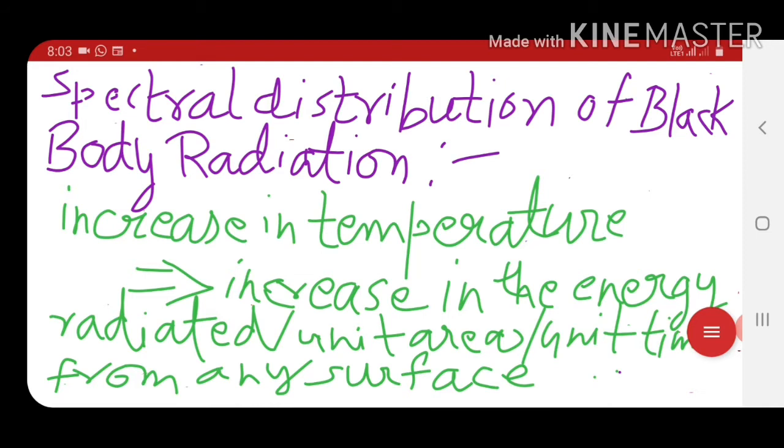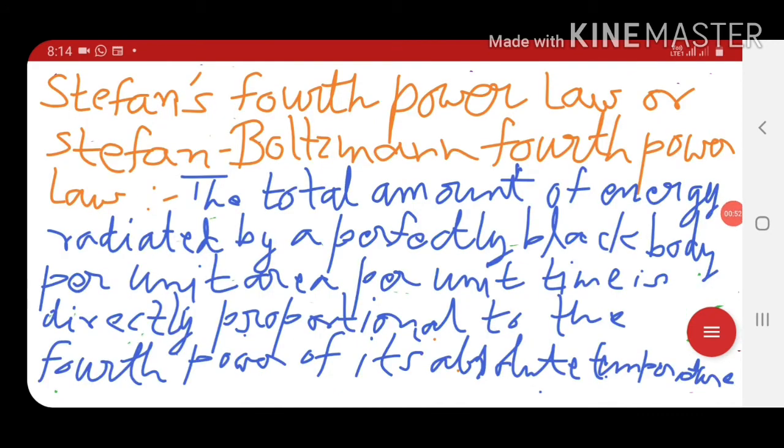Further, it is observed that at the same temperature, the rate of energy emission is much less for a bright metal like platinum than for a dull black surface such as an incandescent carbon filament. On the basis of experimental studies, in 1879, Stefan gave a law for the radiation that is known as Stefan's fourth power law or Stefan-Boltzmann fourth power law.